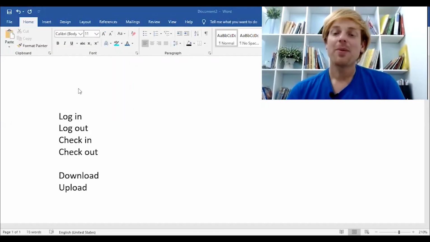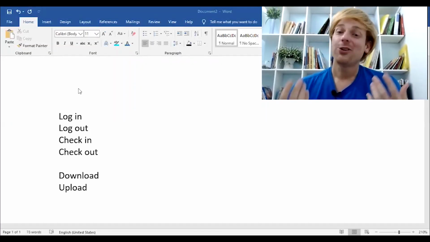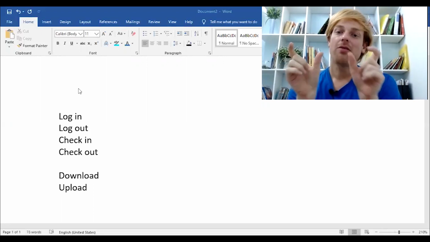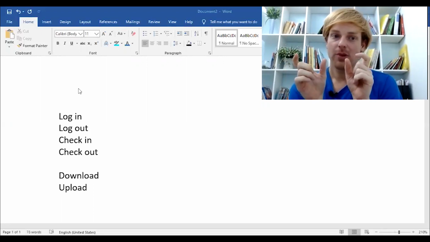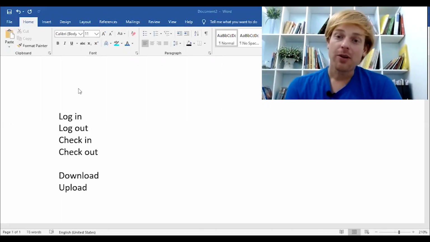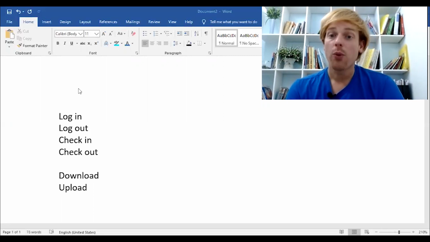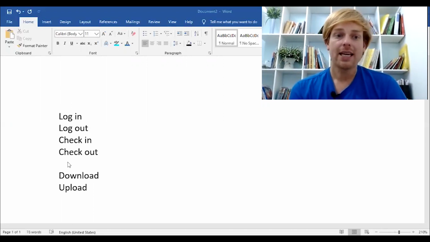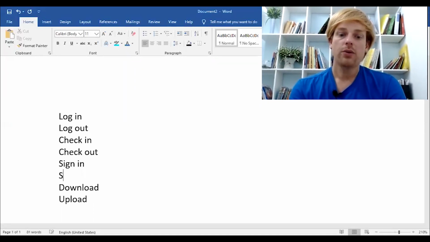And while we're on the topic of word formation, here's another friendly reminder about phrasal verbs, okay? Now, we have a lot of phrasal verbs in tech writing. So anything with the internet technology, we have many phrasal verbs. Log in, log out, check in, check out, sign in, sign out.